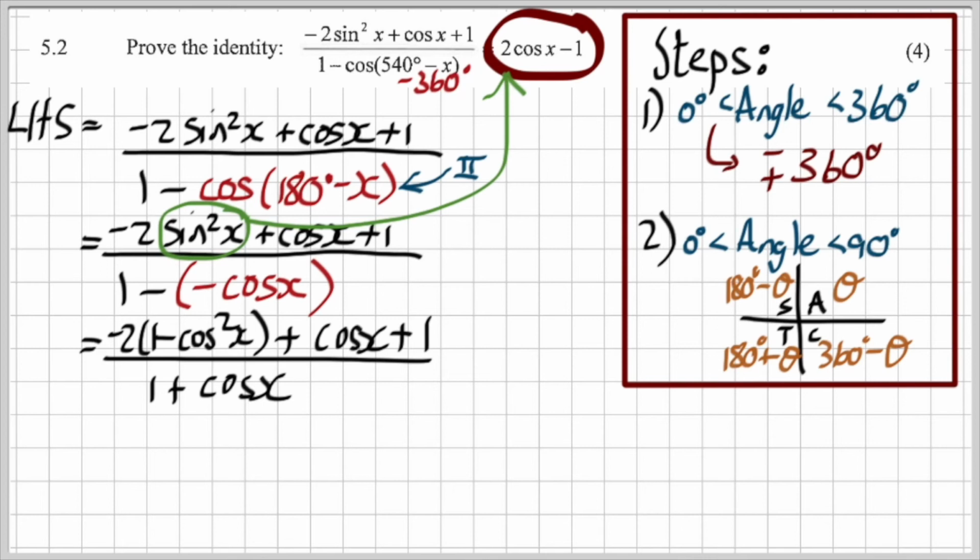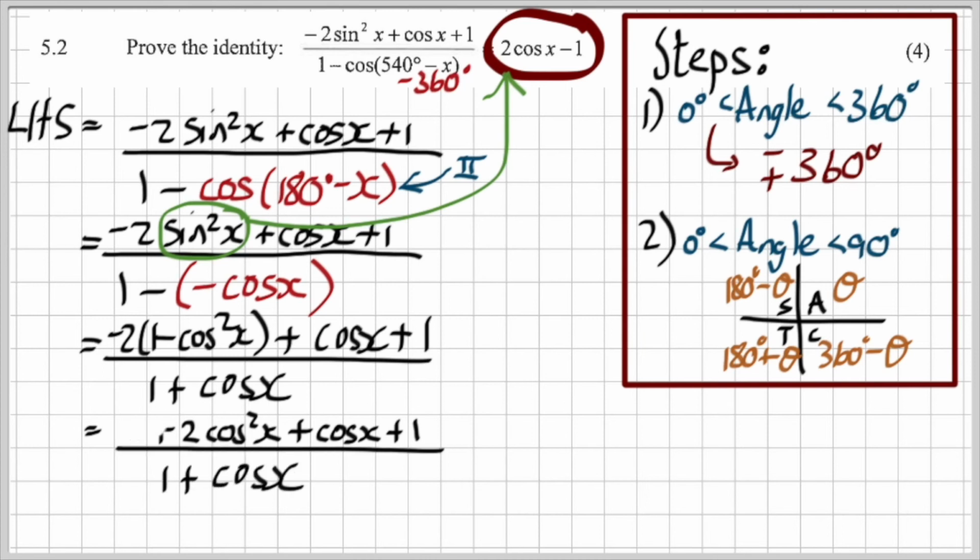Again, I'm not just doing it on a whim. I'm not just doing it because it makes me feel good. I'm doing it because I only want cos x in my answer. If I now multiply out, simplifying my numerator, I'm going to further add and subtract the like terms.